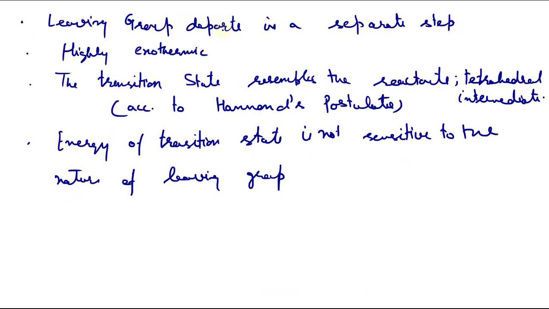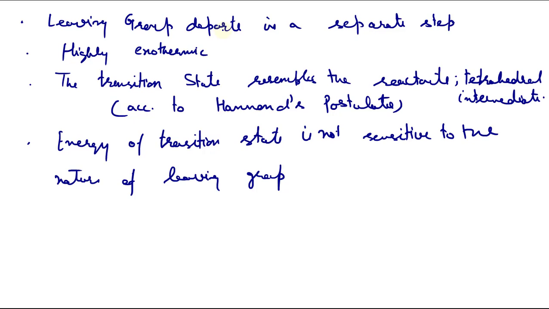So that is why the leaving group does not have much role in these reactions, because the leaving group departs in a separate step. That's why in these reactions, even though these are strong bases, the leaving group does not have much effect on the rate of reaction.